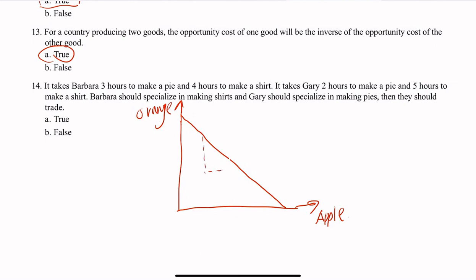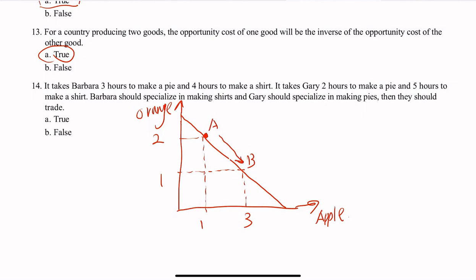Here we have one apple, and here we have three apples. Here we have one orange, and we have two oranges here. So if you move from A to B, right?